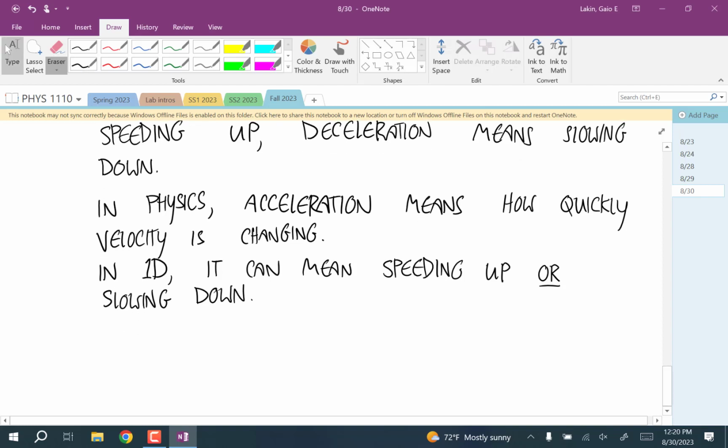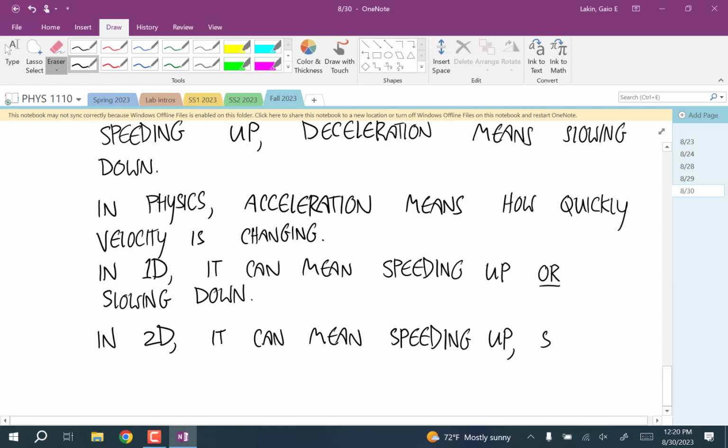In two-dimensional motion, which we haven't started talking about yet, it can mean speeding up, slowing down, or turning.